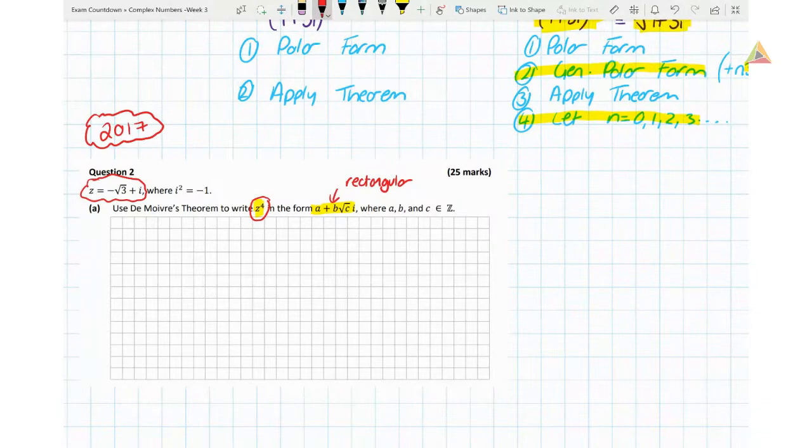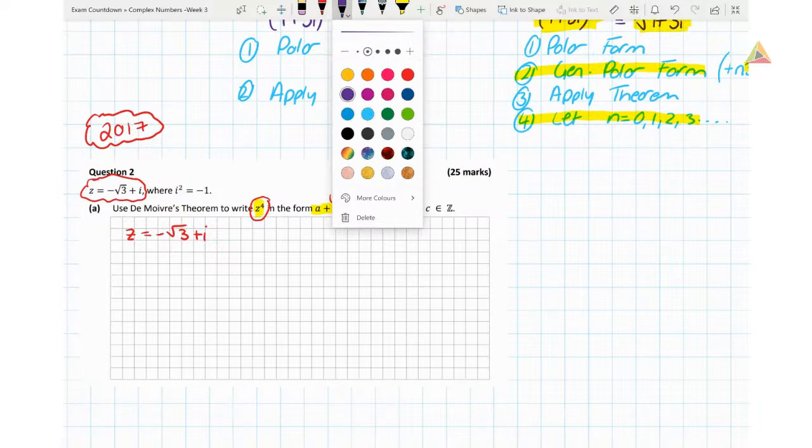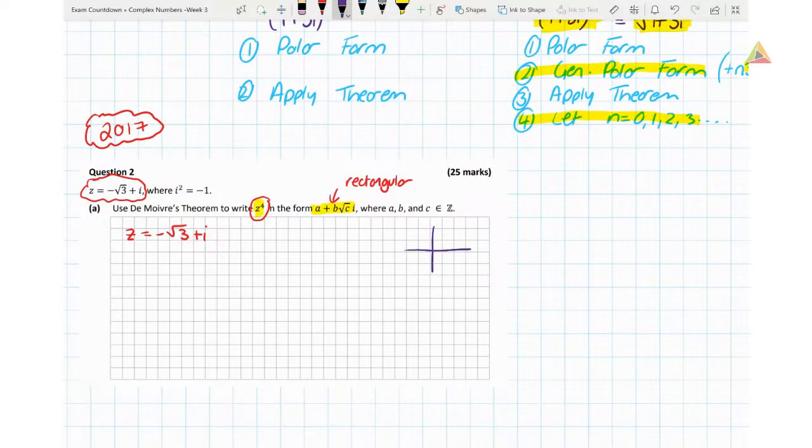So first step is to write our complex number in polar form. To remind ourselves from last week, with minus root 3 plus i, the first thing I'm going to do is draw my complex number. Just a rough sketch, just my real and my imaginary axis. My minus root 3 is out to the left of my real axis, plus i is going to be up here in this quadrant.